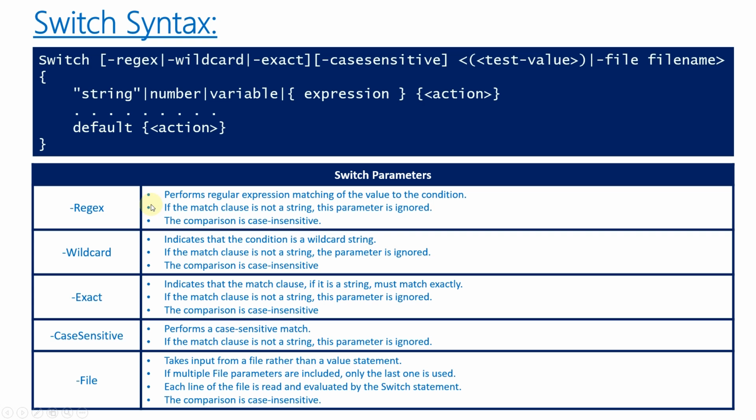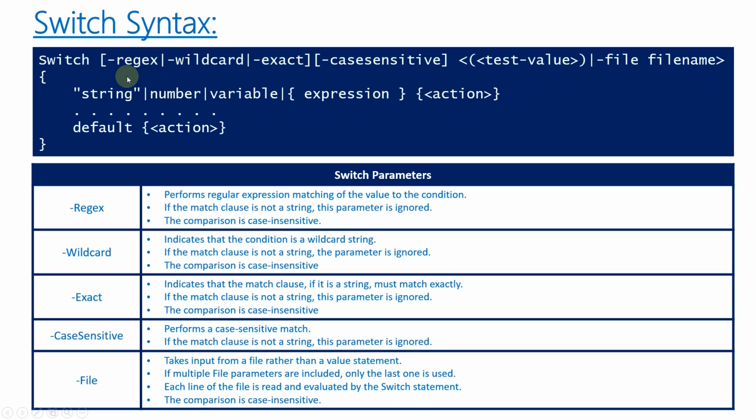And here you can see the syntax of the switch statement. First of all we need to write the switch keyword, and these are all parameters used with switch. If we want a regular expression, then we can use hyphen regex. If we want a wildcard, then we can use hyphen wildcard. If we want an exact match, then we can use hyphen exact.